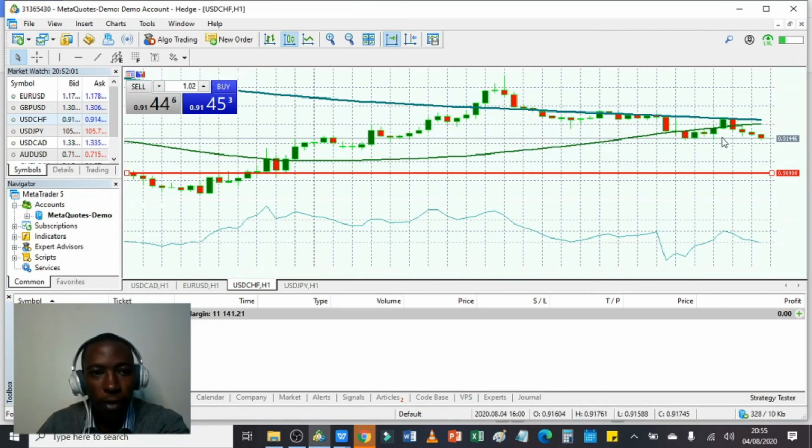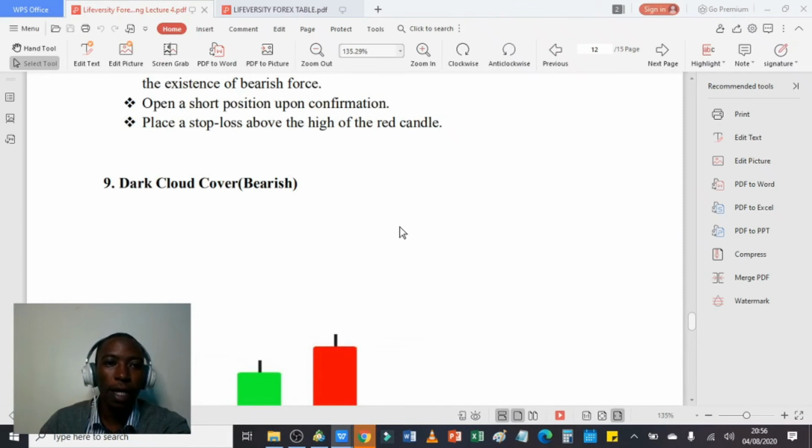Another example of bearish engulfing is right here. You can see the green candle and then the bigger red candle, and then the price has been dropping. The opposite of bearish engulfing, you can see it here, a small red candle, then a bigger green candle, that is the bullish engulfing.